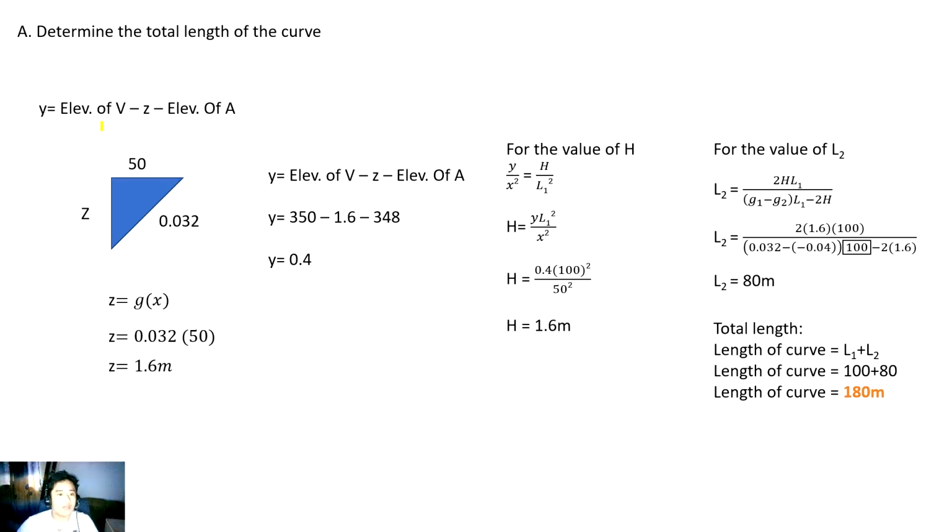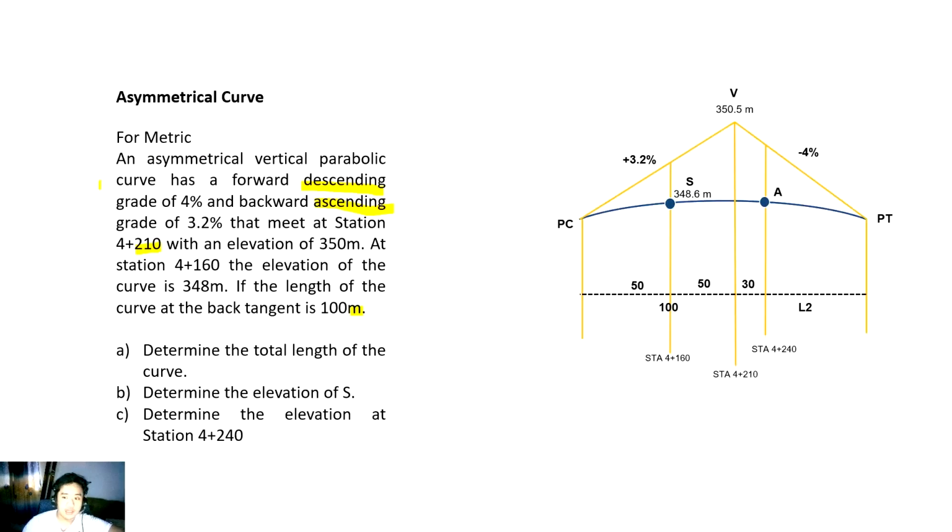So, para mahanap yung Z, gumawa tayo ng triangle, which is ito. So, saan nanggaling yung 50? Yung 50 na yan nanggaling sila dito sa dalawang to. So, pag pinag-minus natin, 4,210 minus 4,160, ang lalabas dyan ay 50. And ito naman, sa 30 na to, 4,240 minus 4,210, lalabas dyan ay 30.